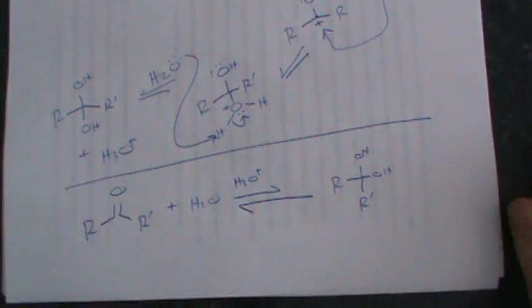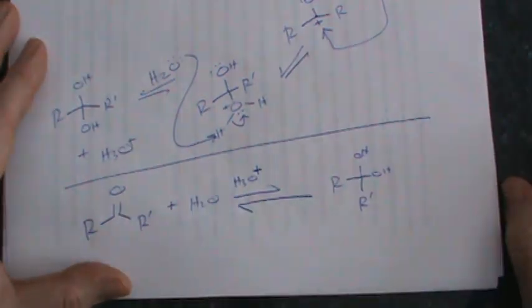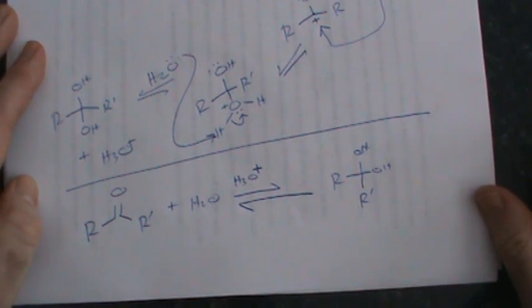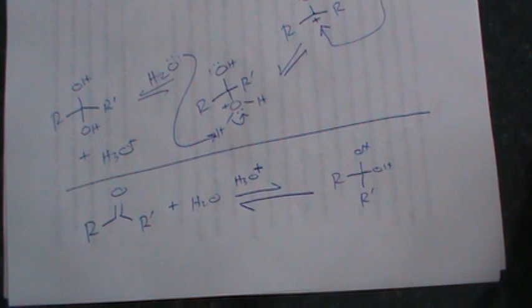And that's the same as it was in the base catalyzed version, which means, once again, it's not a particularly useful reaction from a synthetic perspective, but we learned a lot as we studied this.